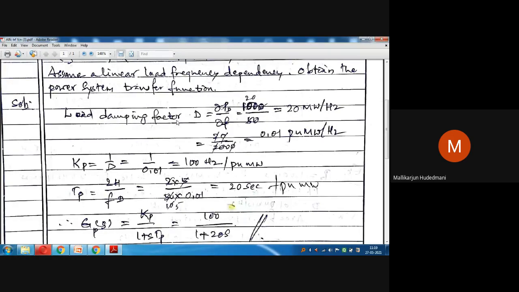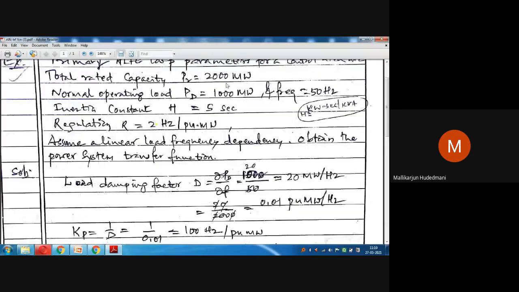Load damping factor D is the change in load with respect to change in frequency, dou PD by dou F. What is the load here? Load is 1000 megawatt. It is 1000 divided by 50. When I take the ratio, it gives me 20 megawatt per hertz.